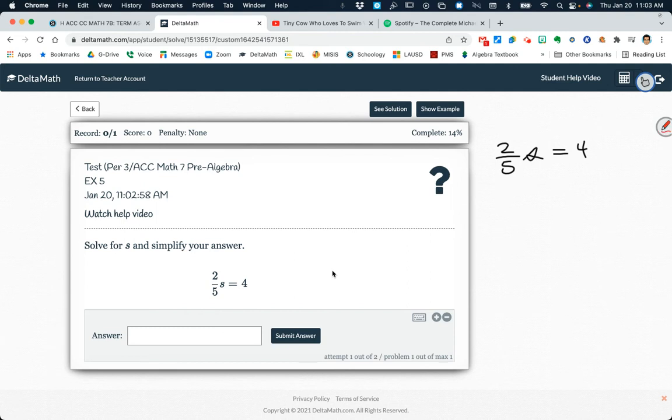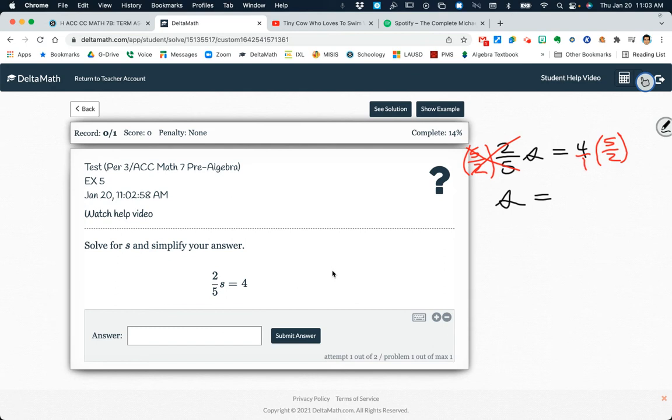What am I going to multiply both sides by? 5/2. On the other side, 5/2. Cross cancel.